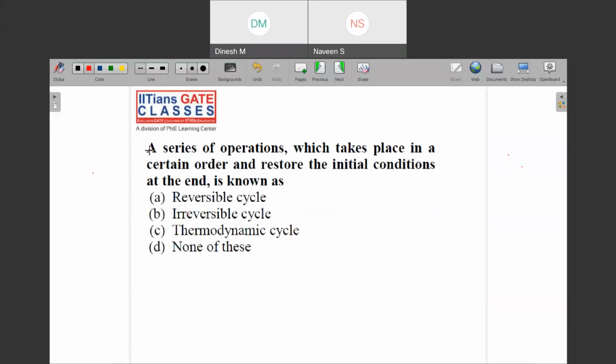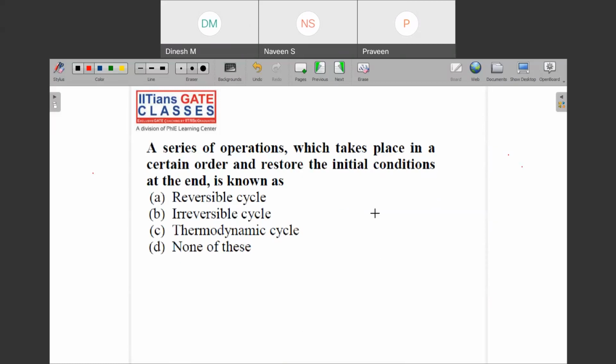It says that there's a series of operations which takes place in a certain order and restore the initial conditions at the end is known as. So I told you sometime that whenever you have started any process, right?